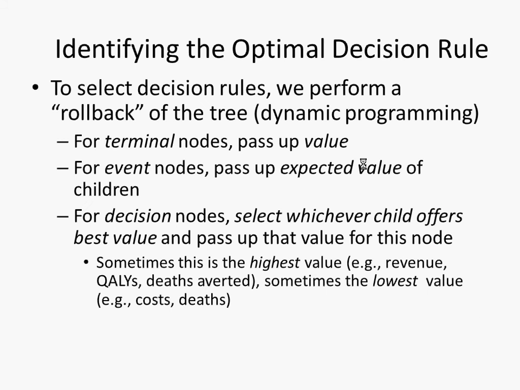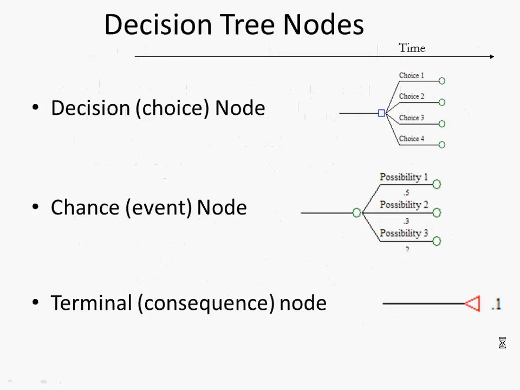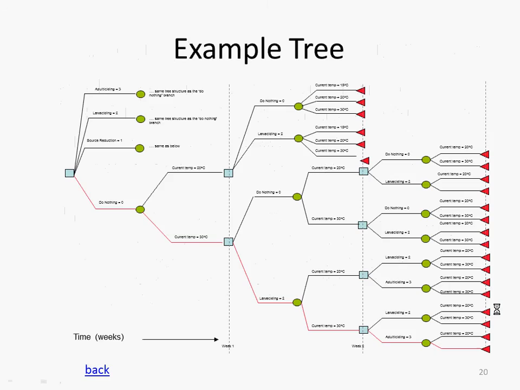So we're going to be going back from values associated with these nodes, which after all have to be specified when we specify the node. And we're going to be using information like the probabilities for these nodes and the nature of the decision to arrive at a value for all the nodes here.